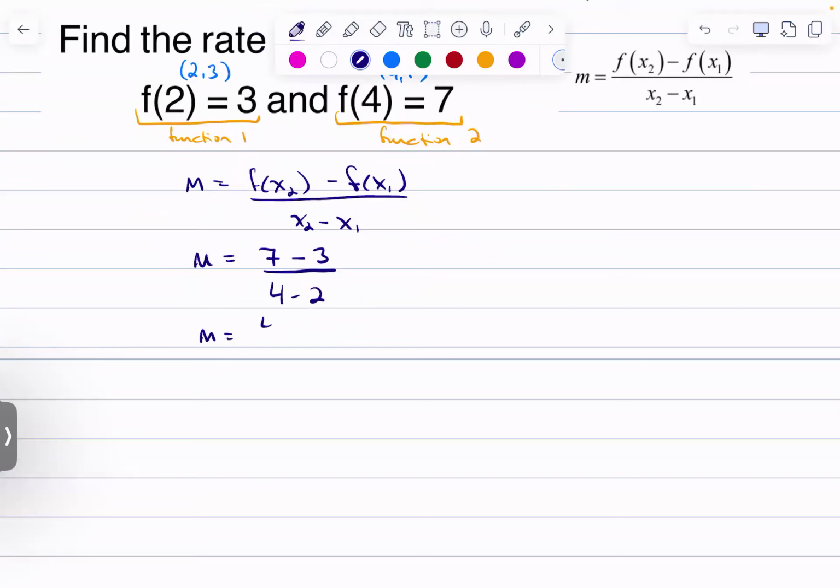Four over 2. Okay, I will simplify that, but I'll keep it over here. Slope of 2.